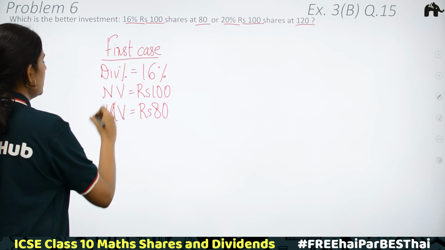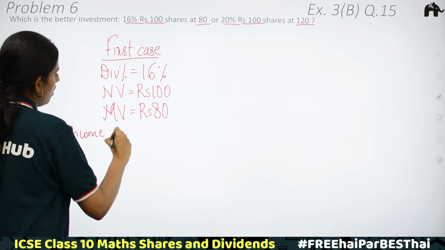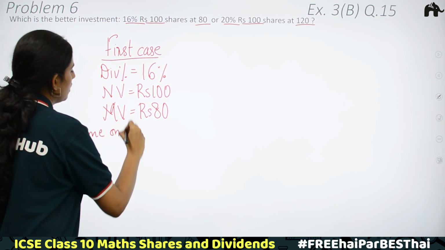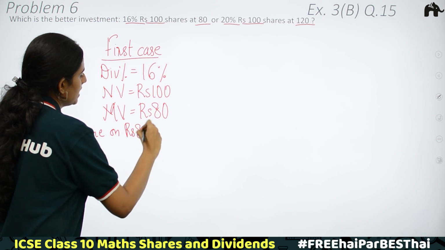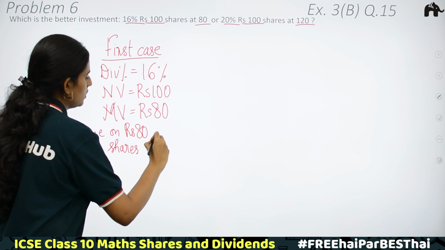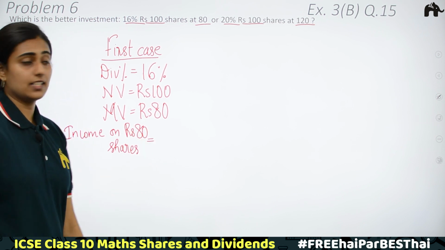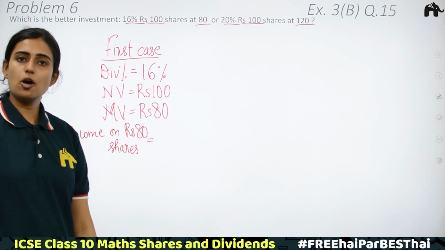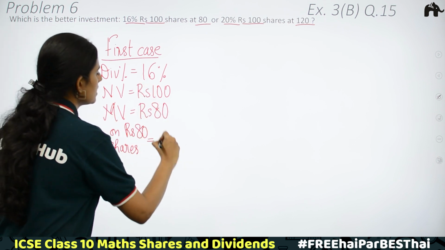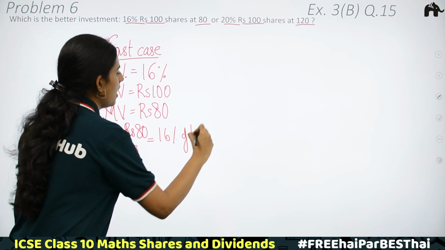We need to find the income on rupees 80 shares, which will be equal to the formula that you use to find the dividend. Dividend percentage of nominal value. That is 16% of 100.